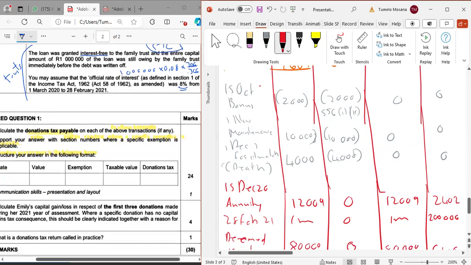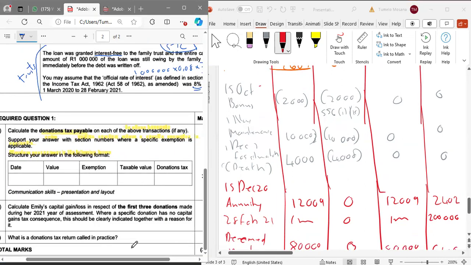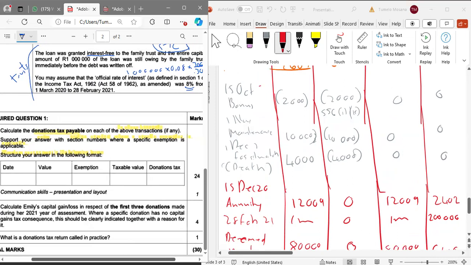And this one, there's no need for us to focus that much on it. Those capital gains, it is not much of a focus. But what I can tell you is that they are saying that you have to calculate Emily's capital gain or loss in respect of the first 3 donations made, right?